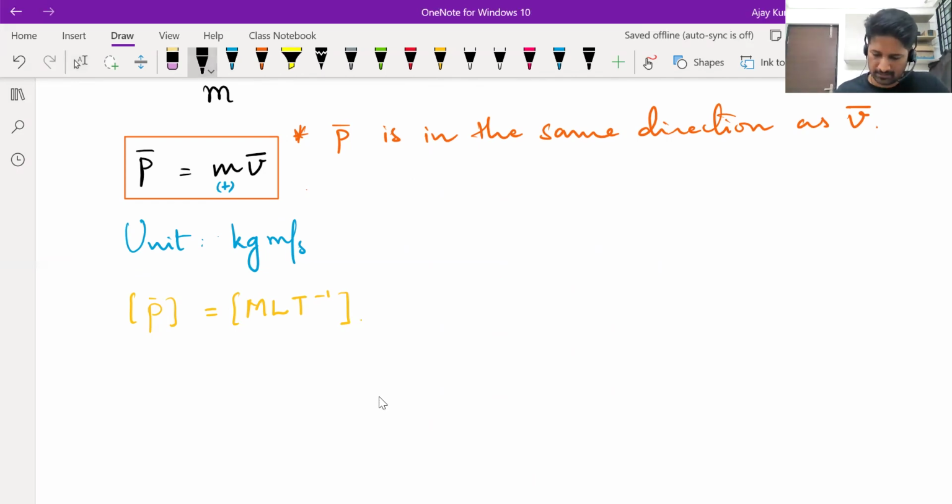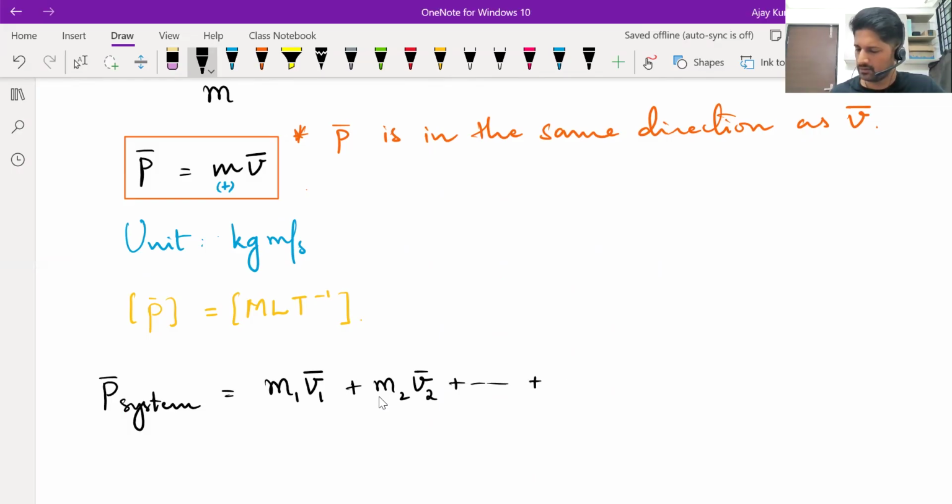In that case, the momentum of an entire system can be calculated as the first mass multiplied with the velocity of the first mass, second mass multiplied with the velocity of the second mass, and so on, up to the nth mass multiplied with the velocity of the nth mass. You will have to add the momentum of individual particles of the system to get the total momentum of the system.